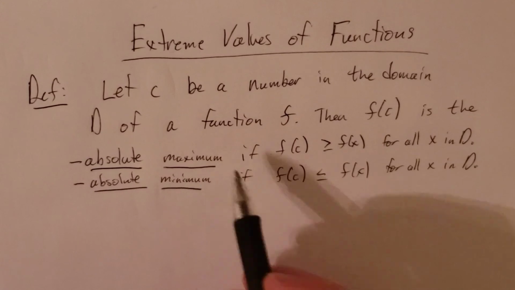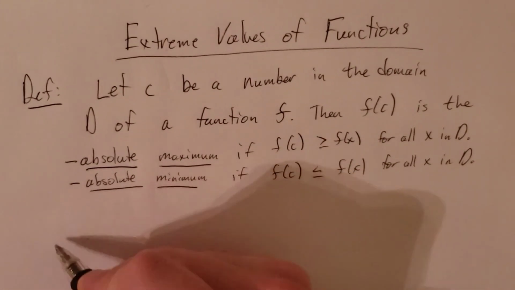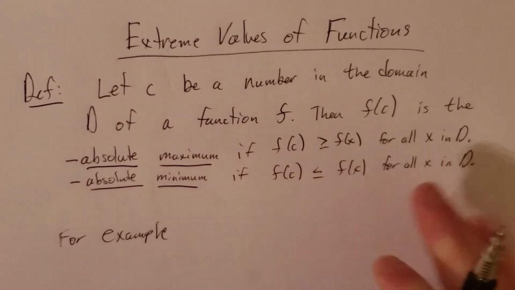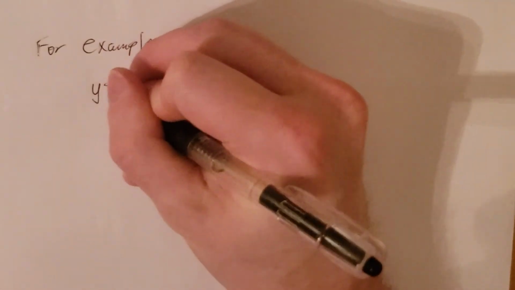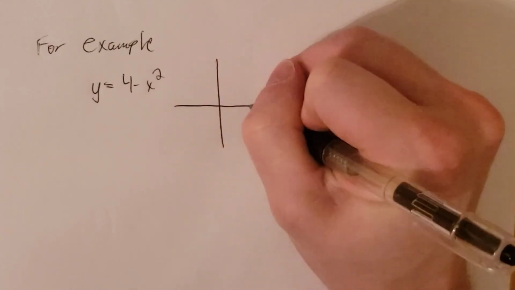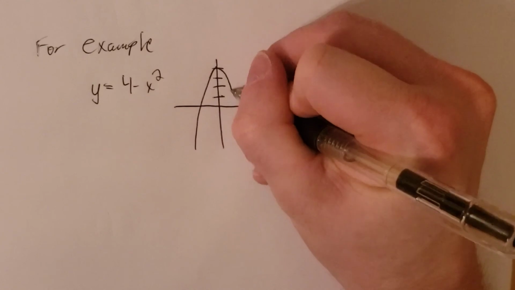Now let's take a quick look at some examples related to this. For example here, what if we had the function y is equal to 4 minus x squared? A quick sketch of this shows us that our graph looks like this.